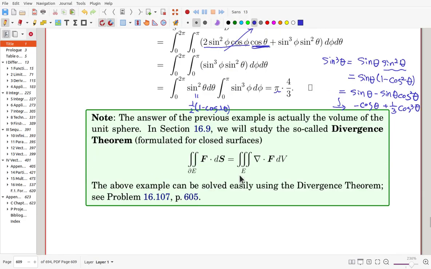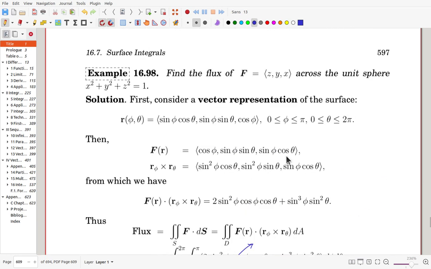For this example, you can get the value quite easily. In fact, in the last section, we'll deal with the surface integral for closed surfaces. This unit sphere is a closed surface. For that, it is basically the volume integral of the divergence of that field: x derivative, y derivative, z derivative summation, which is 1.